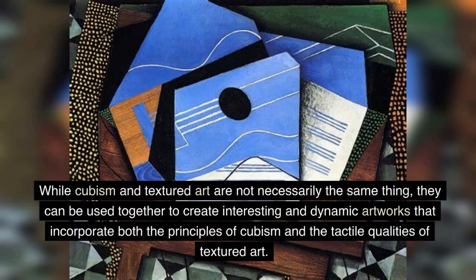While Cubism and texture art are not necessarily the same thing, they can be used together to create interesting and dynamic artworks that incorporate both the principles of Cubism and the tactile qualities of textured art.